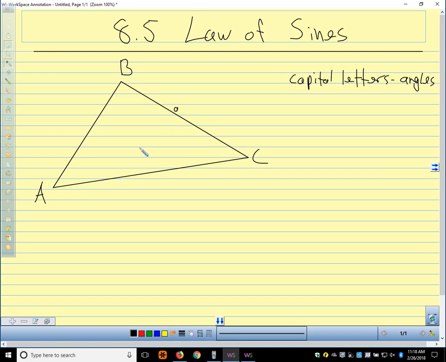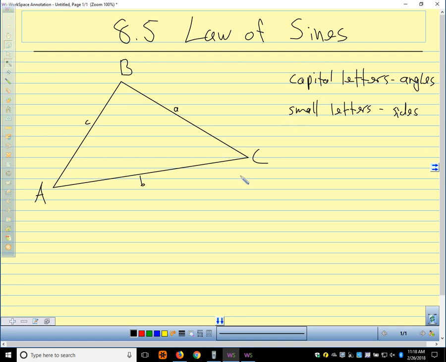So this would be side a, across from angle A. Side b, across from angle B. And side c, across from angle C. So the small letters are the side lengths. The capital letters tell us about angles. Small letters tell us about the sides, and we always label the sides across from the angles.